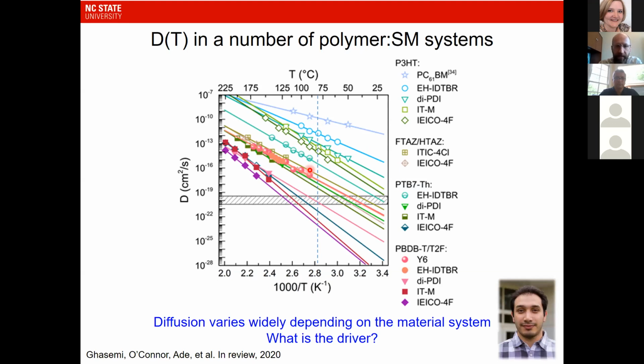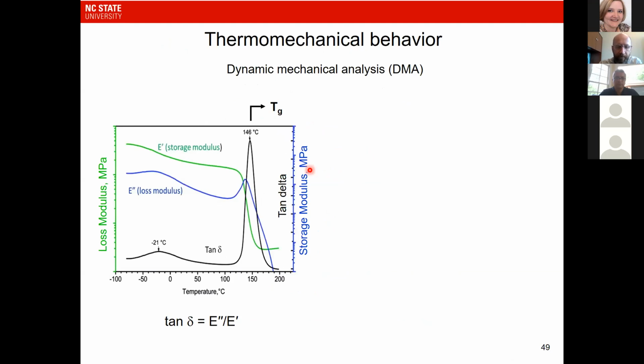And so this is where we turn to thermomechanical behavior. If you think about it, if these things are viscoelastic materials and there's some movement in there, then that may enable some of that diffusion to happen. And so we looked at dynamic mechanical analysis, which the department was kind enough to purchase a DMA a few years ago.